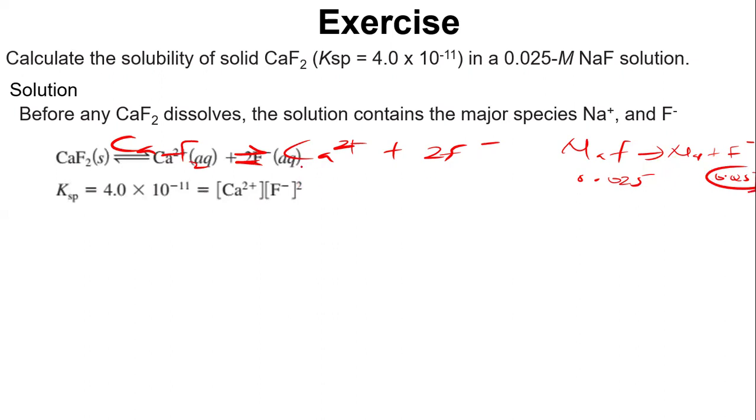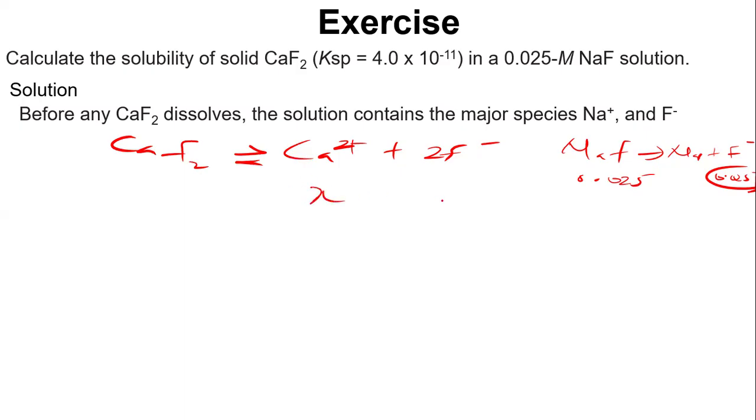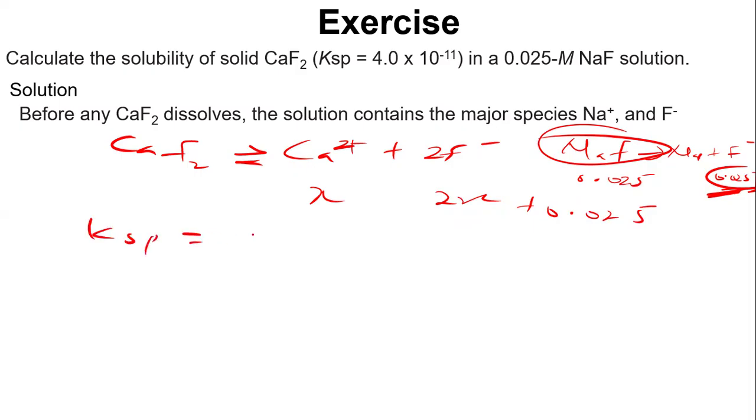Now at equilibrium, if I get x of this, I get 2x of this, right? But then the sodium fluoride is adding an extra 0.025. So the total fluoride would be 2x plus 0.025.